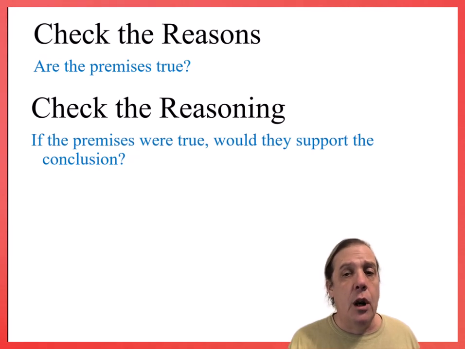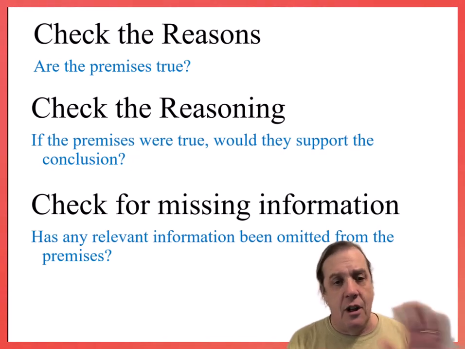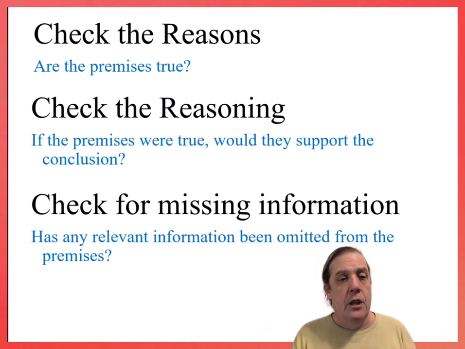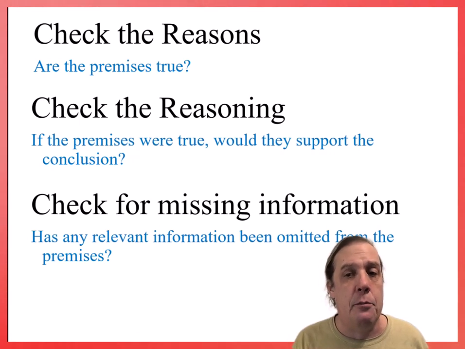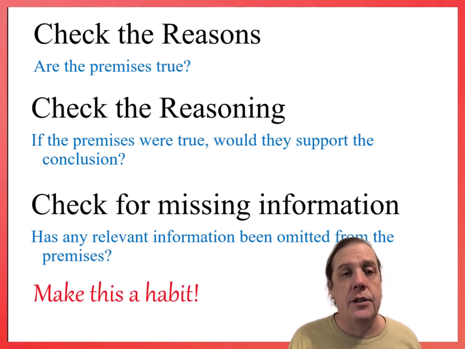The last check you want to run is to check for missing information. This is a practical course, and an important part of this is always being sure that you've got the whole picture. So has any relevant information been omitted from the premises? And really, you should just make this a habit. This is a thing that you should do whenever you encounter an argument.